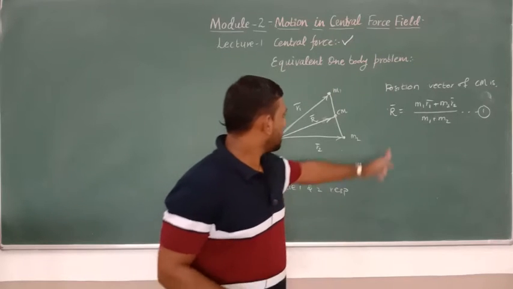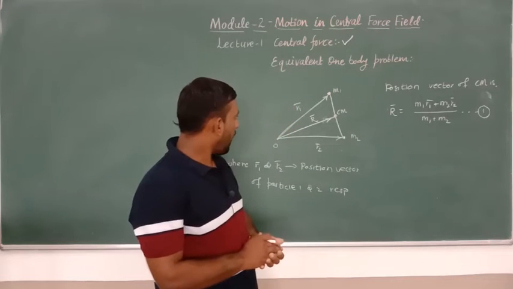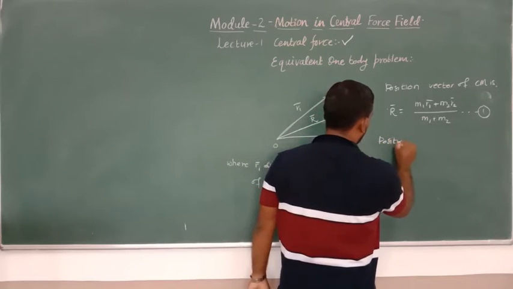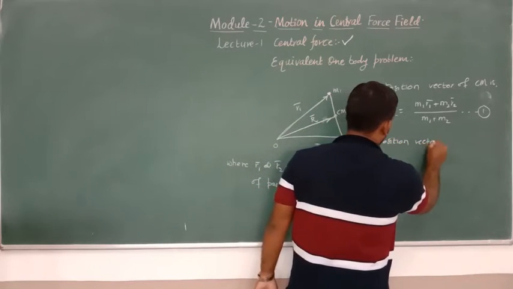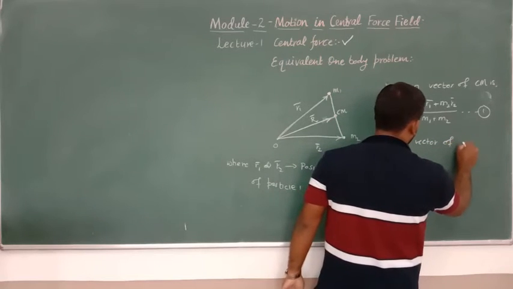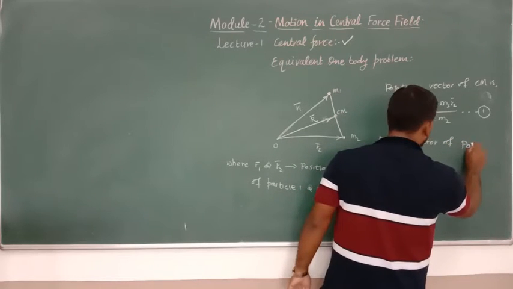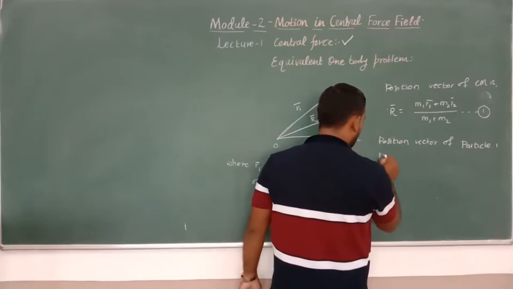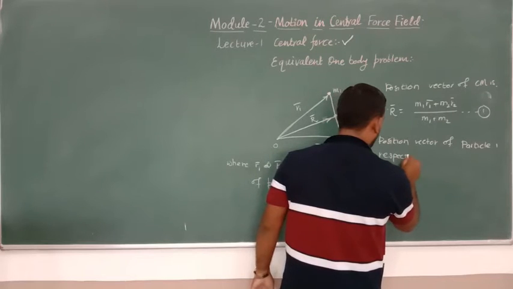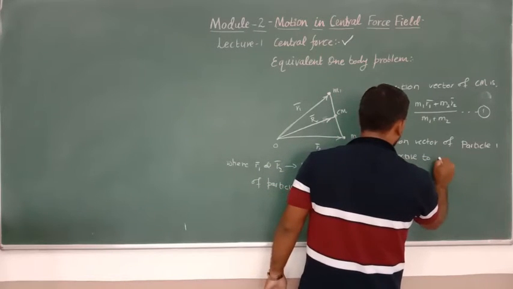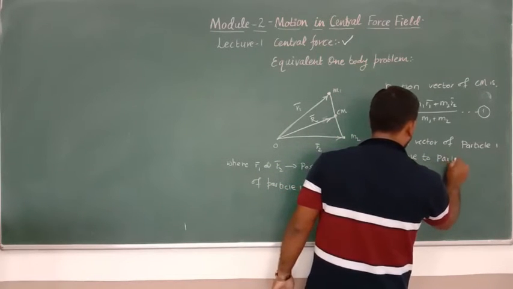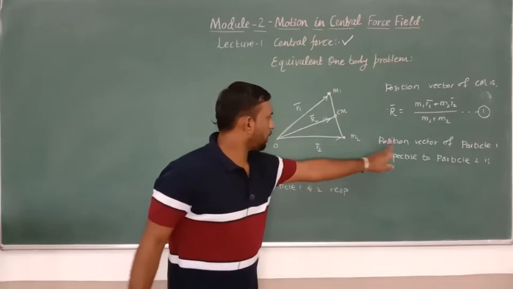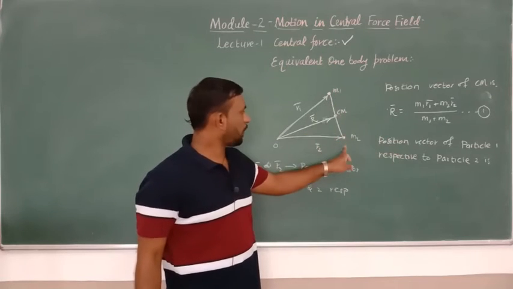Okay, so this is r. So how to write the position vector of particle first with respect to particle 2?